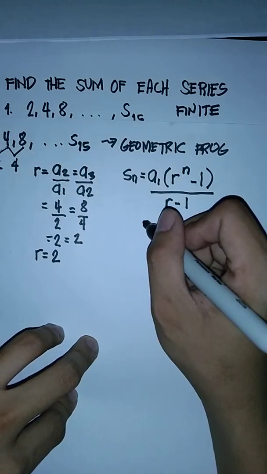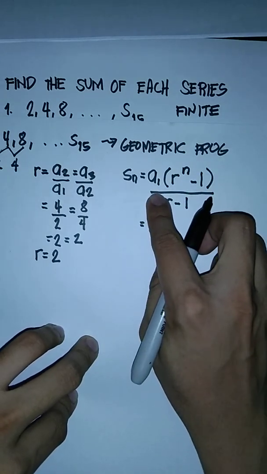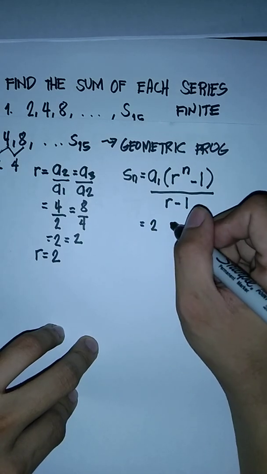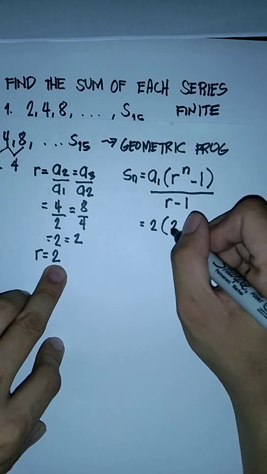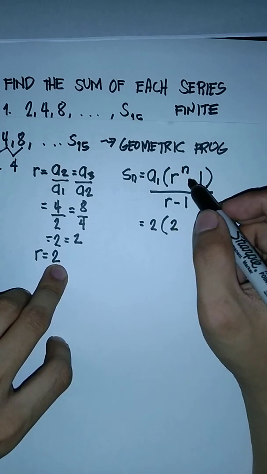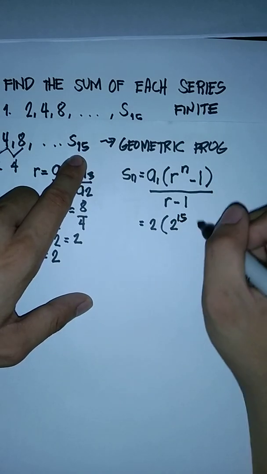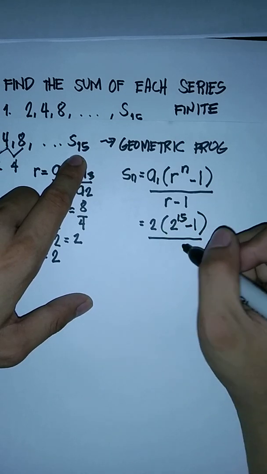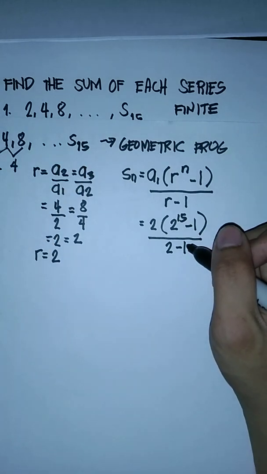So, yung sum natin is equal to, yung first term natin ay 2, times yung ating r, yung ratio natin which is 2, raised to yung n natin, number of terms natin, kung ilang terms ba yon. So, 15. So, that is 15 minus 1, all over ang r natin ay 2 minus 1.